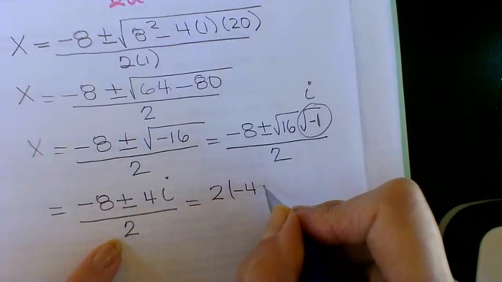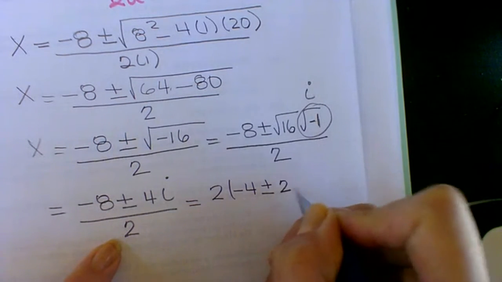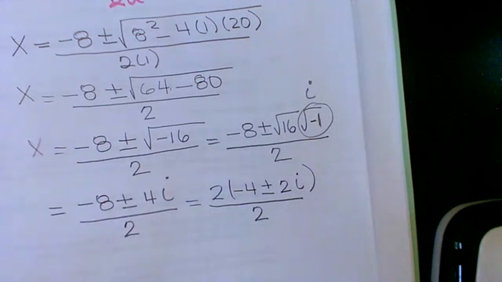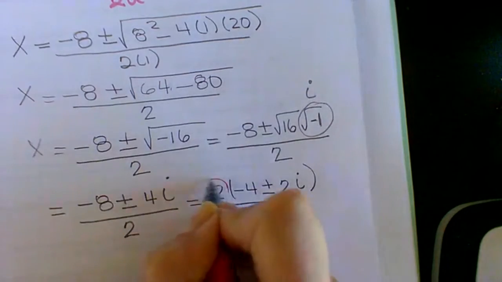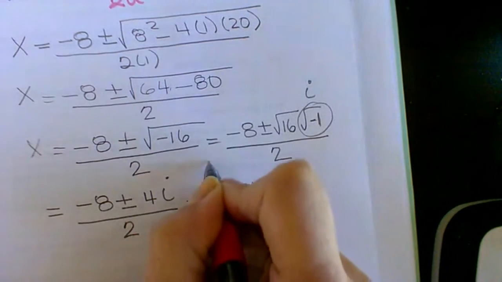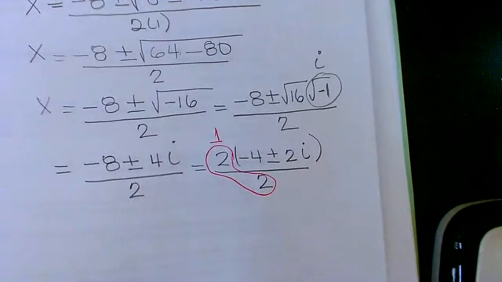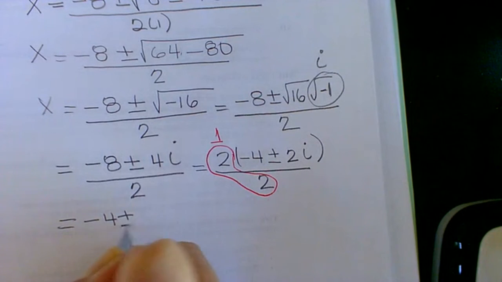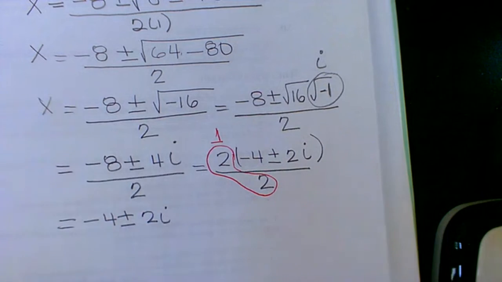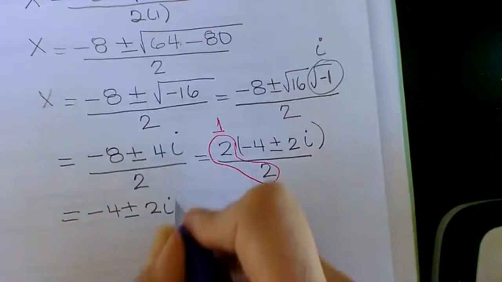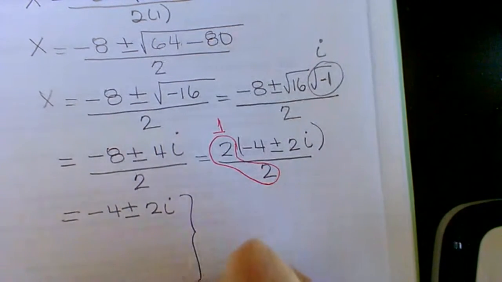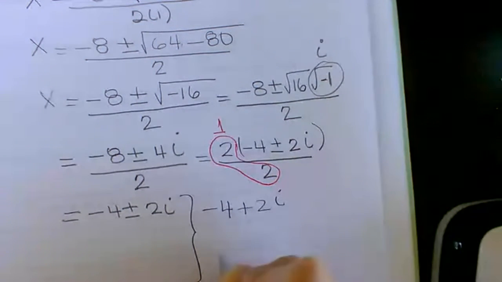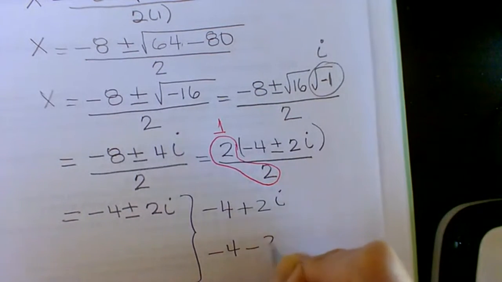Plus or minus 2i. So what happened here on this one? We make a 1. So my answer is going to be negative 4 plus or minus 2i. So I'm going to have two answers. One is going to be negative 4 plus 2i, and the other one is going to be negative 4 minus 2i.